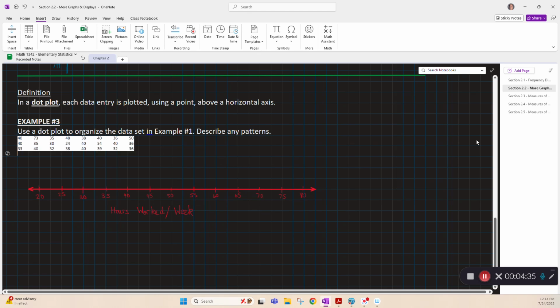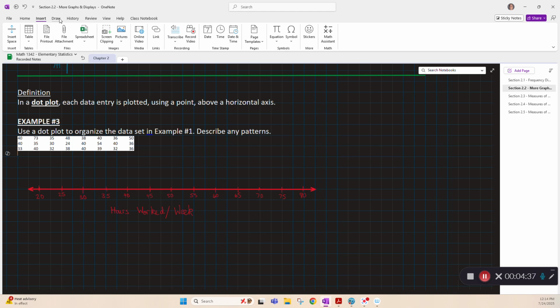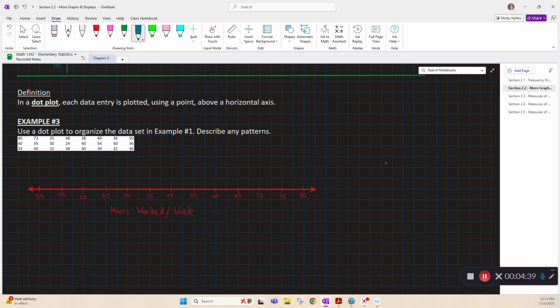Okay, now, we put dots here. And the thing you have to remember when doing a dot plot is to stack your dots. So 40. I'll go over here and I'll put a dot at 40. 73.